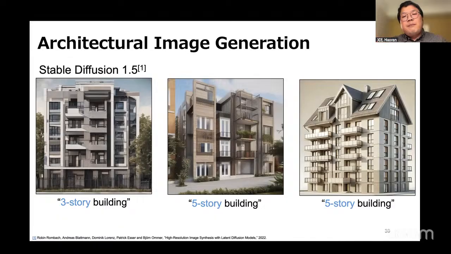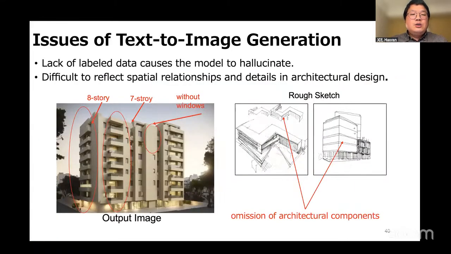So image generation just produces something that looks beautiful, but functionally it's not correct. For the left image, the result looks good, but when we look at the details, it is totally wrong. The number of stories is different, and there is no window on some sides. So it's not useful for architecture. It's like a toy for common people.